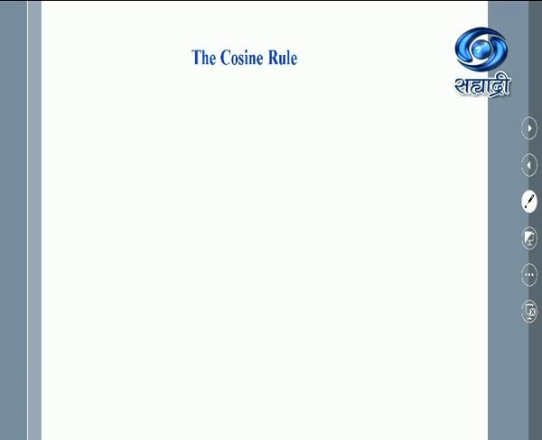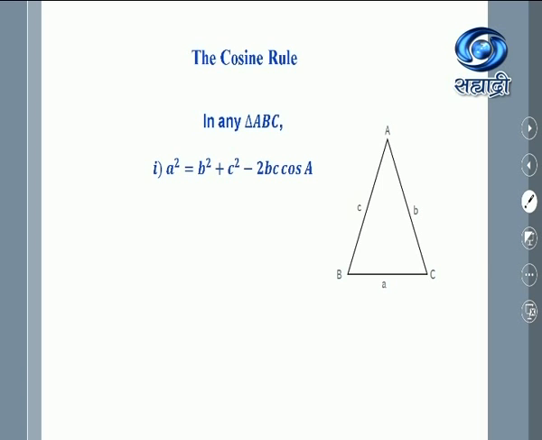Like the sine rule, for which we had done the proof, we have the proof of the cosine rule also. It may be asked as a theory question in the board exam. Now see the statement. In any triangle ABC, we have A square is equal to B square plus C square minus 2BC cos A. The second statement is B square is equal to C square plus A square minus 2CA cos B. Like for the side A we wrote, we write for the side B also.